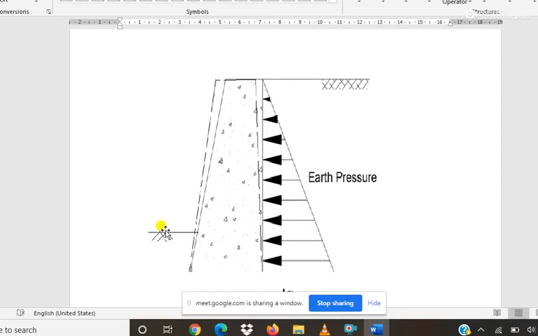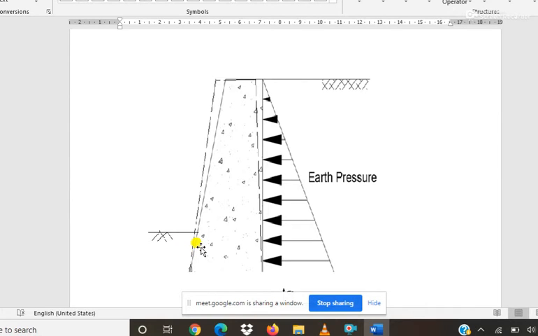For example, this wall is moving towards this fill. The straight line, the firm line, is the original position of the retaining wall, and the dashed line is the modified position of the retaining wall.